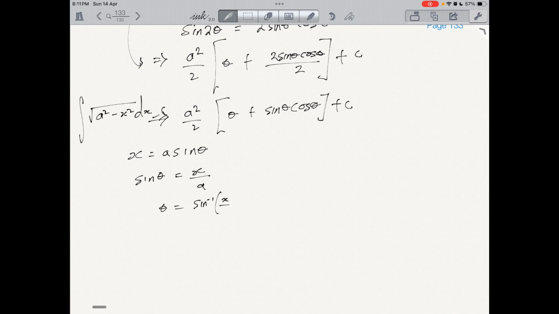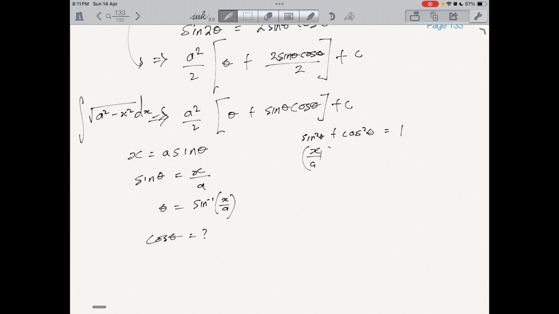Now, what then is cos theta? We recall that sine squared theta plus cos squared theta is equal to 1. We know that sine theta is equal to x over a. Therefore, this becomes (x over a) squared.